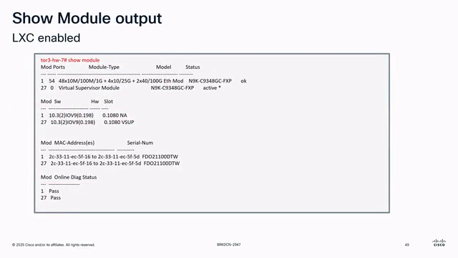Okay, so if you look at the devices here, most of the devices we start deploying are actually deployed in LXC mode. If you do this show output, you can tell if you're in LXC mode or not. If you see something called the virtual supervisor module, that's basically where we're talking about a container. So if you see this in your system, that means you're already deployed in LXC mode.